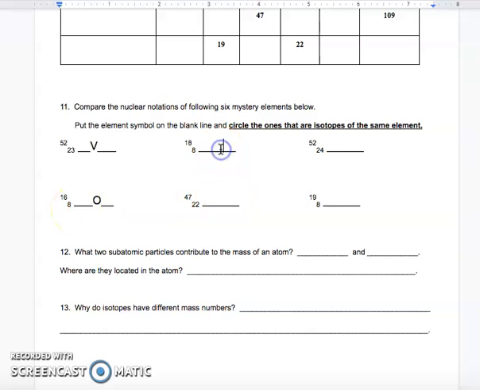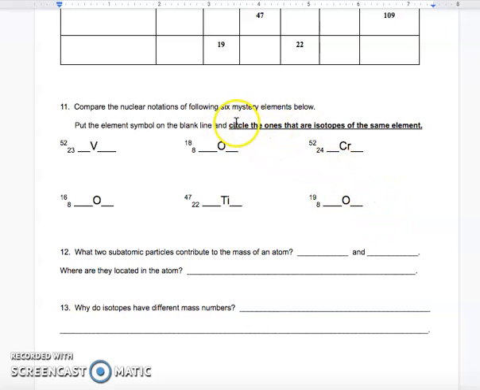All right, up here, I'm also looking for atomic number 8, which is still oxygen. Down here, I'm looking for atomic number 22, which is titanium. Up here, I'm looking for atomic number 24, which is chromium. And then the last one, again, atomic number 8, so I'm looking for oxygen.